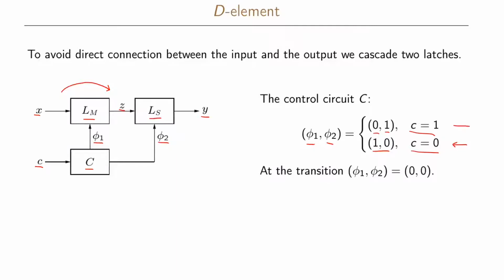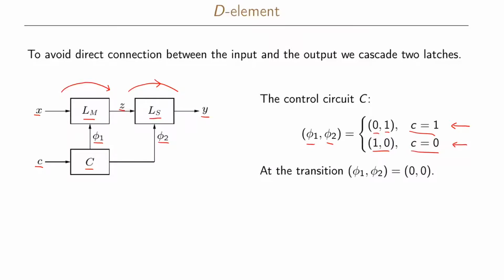If C is instead 1, a signal is let through from Z to Y because the second latch is open, but since phi1 is 0, the first latch is closed.